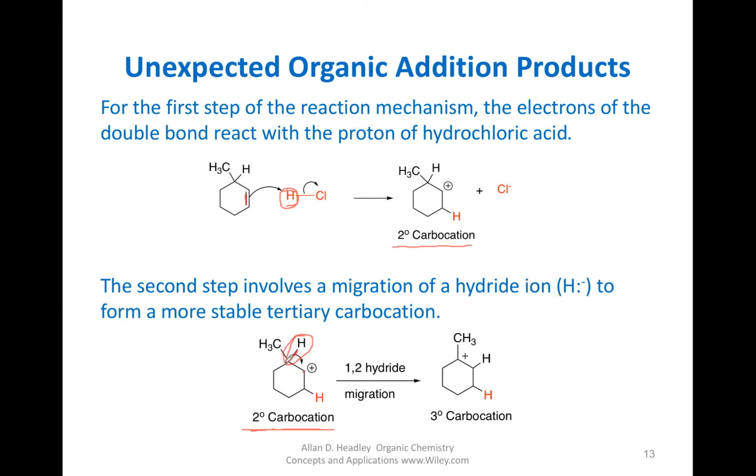If we take this H with its electrons, it's called a hydride, and move it from carbon 1 to carbon 2, we call it a 1,2 hydride migration or shift.